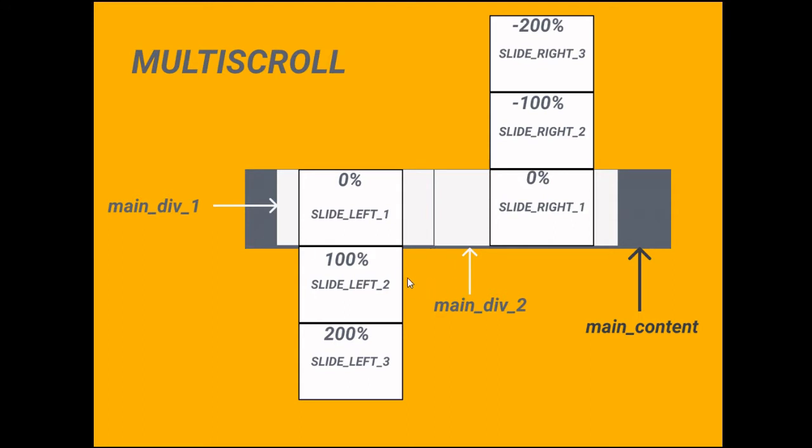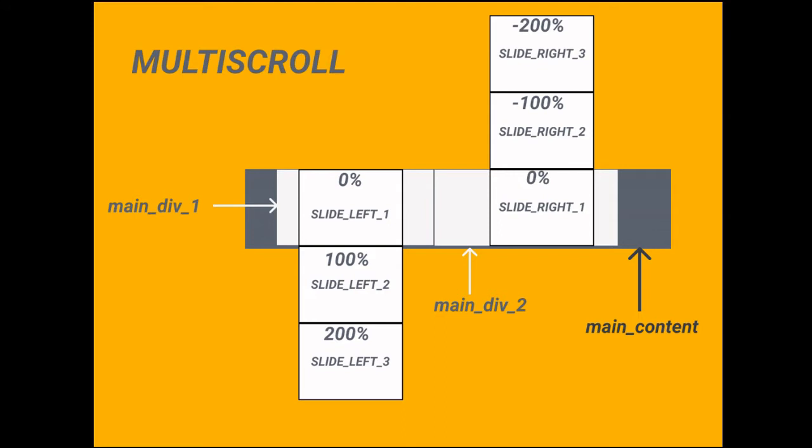Each main div will have 3 slides, slide left 1, slide left 2, slide left 3, and likewise slide right 1, right 2, right 3. So what we are going to do is make the main div 1 and main div 2 positioned relative. Then all the slides will be positioned absolute. What happens is the slides will be overlapping on each other.